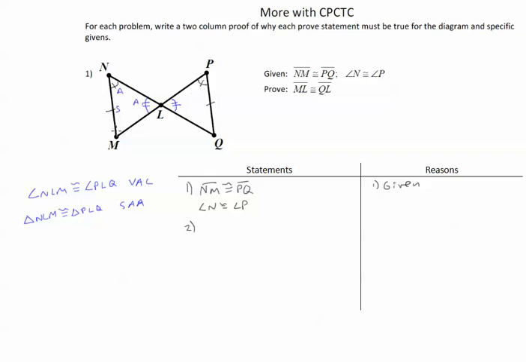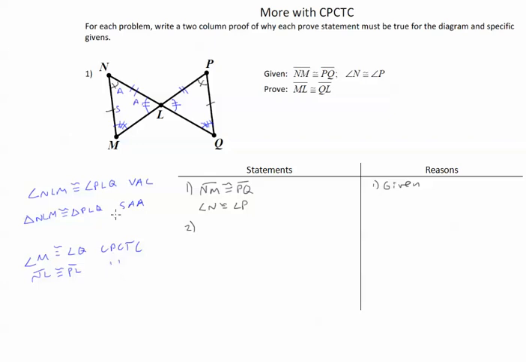These angles are corresponding too, angle M and angle Q. So now I can make statements like, angle M is congruent to angle Q. I know that because corresponding parts of congruent triangles are also congruent. I can make a statement like segment NL is congruent to segment PL. I know that for the same reason.